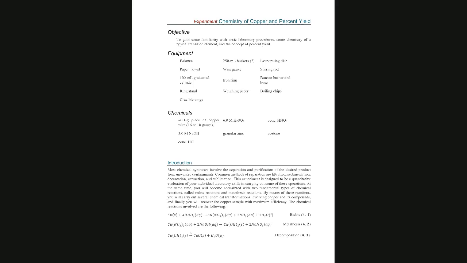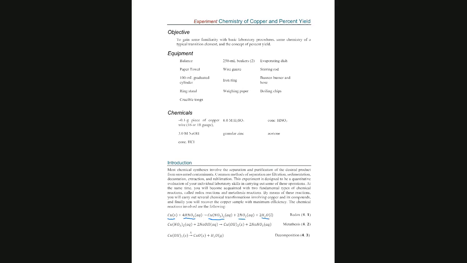So let's look a little bit at reaction number 1. You have the copper wire, and you add nitric acid to the metal copper, and you obtain copper nitrate, nitrogen dioxide, and water.